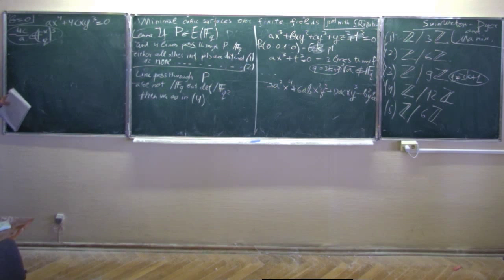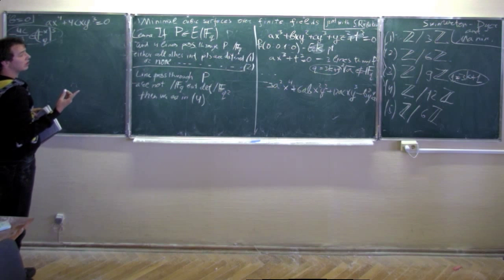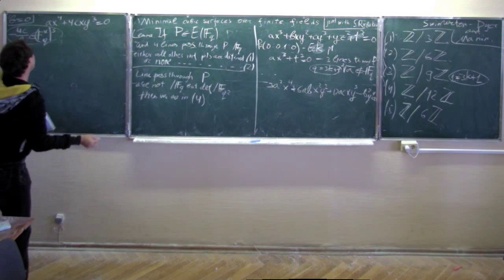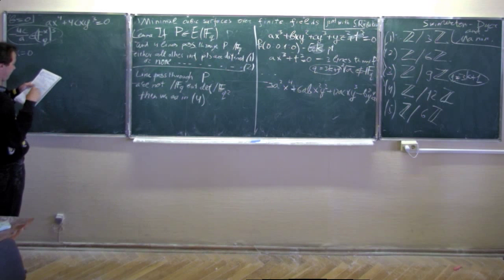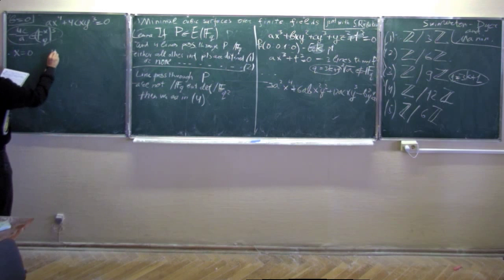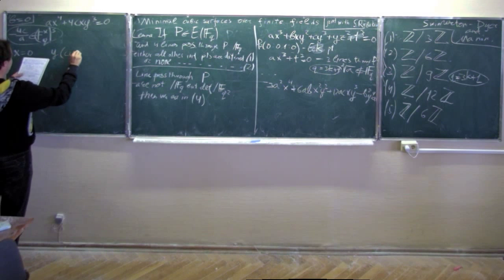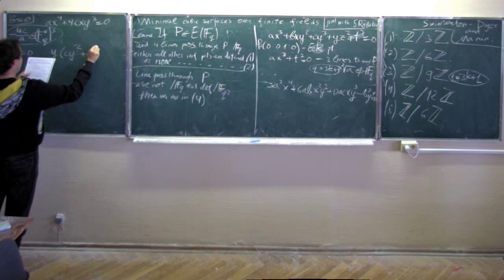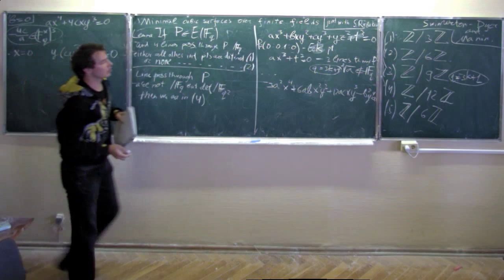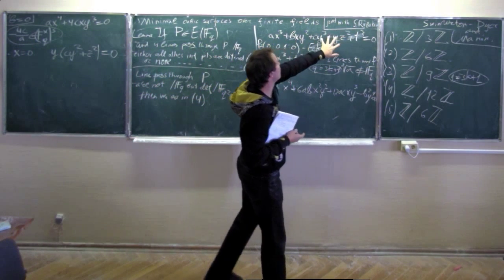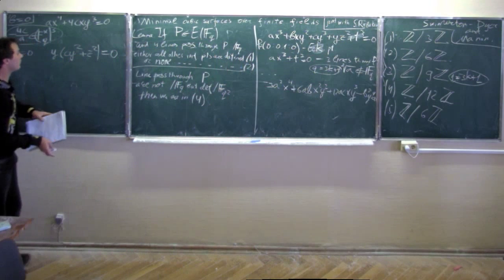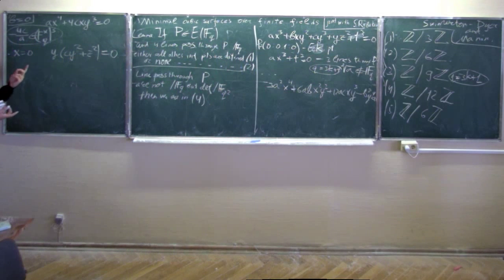Well, let's now consider a pair of points lying on one of the 4 lines. Consider the line x equal to 0, then the pair of inflection points on it will be given by the equation y plus c y squared plus z squared equals 0, since if you say here that x is equal to 0, we have just these two members. So we have two possibilities: either these points are defined over Fq or not.